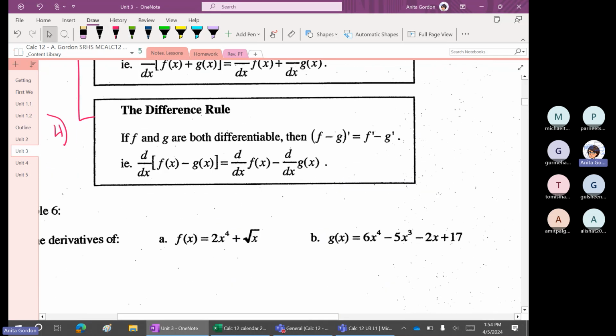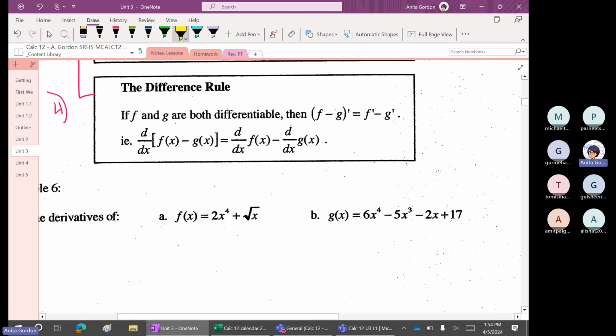So when you have a function that is separated by plus and minuses, you can treat them as two little pieces, or 3 pieces, however many pieces you have, and add and subtract them. So this is true for all things. So I can take the derivative of this, and the derivative of this, and then add them together. So 2 times x to the power 4, this gives me 4x. Oops, no it doesn't. 2 times 4 is 8.